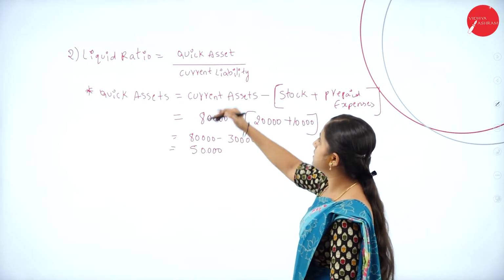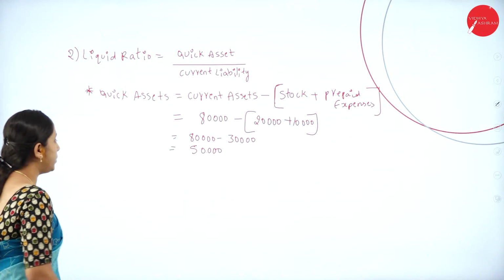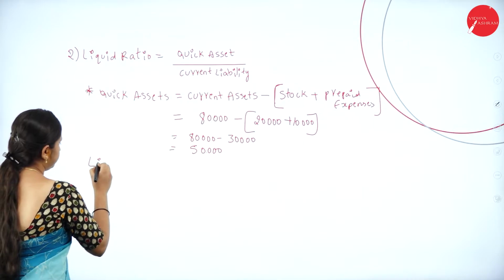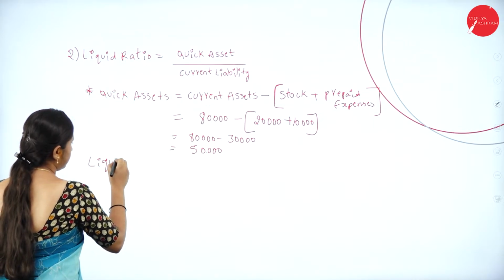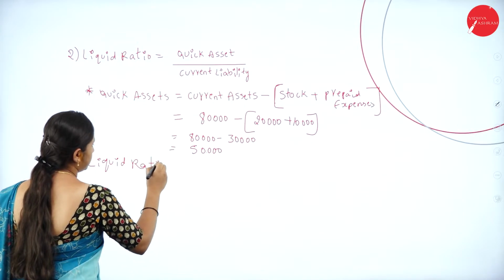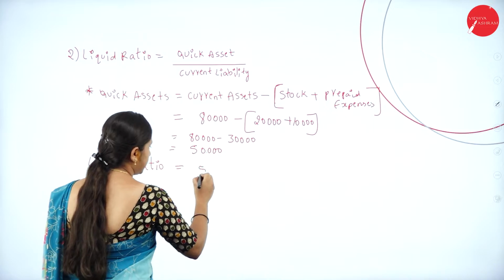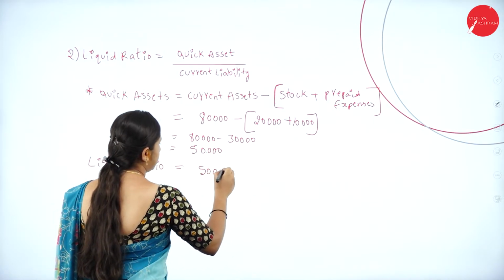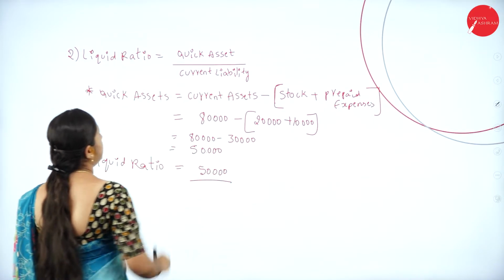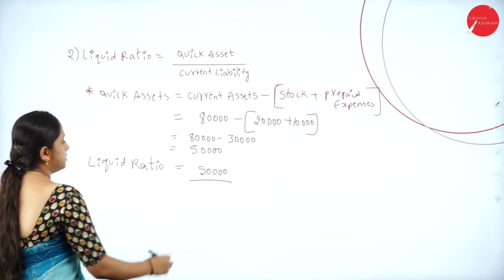Now we have quick assets and current liability. Just calculate liquid ratio. Liquid ratio is equal to quick assets, that is 50,000, divided by current liability. Current liability is 30,000.